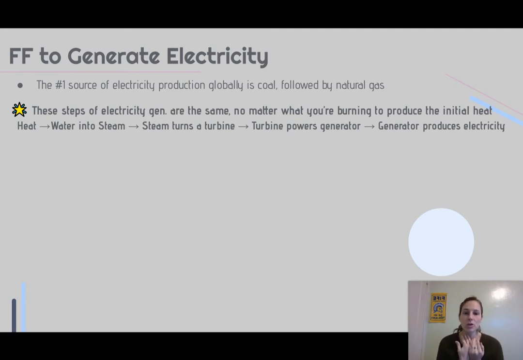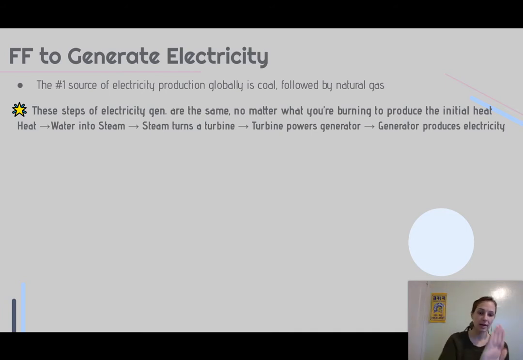We are going to use heat, which is going to turn water into steam. Steam is going to then turn a turbine, which is like a big fan. This turbine is going to power a generator. The generator is going to produce electricity.